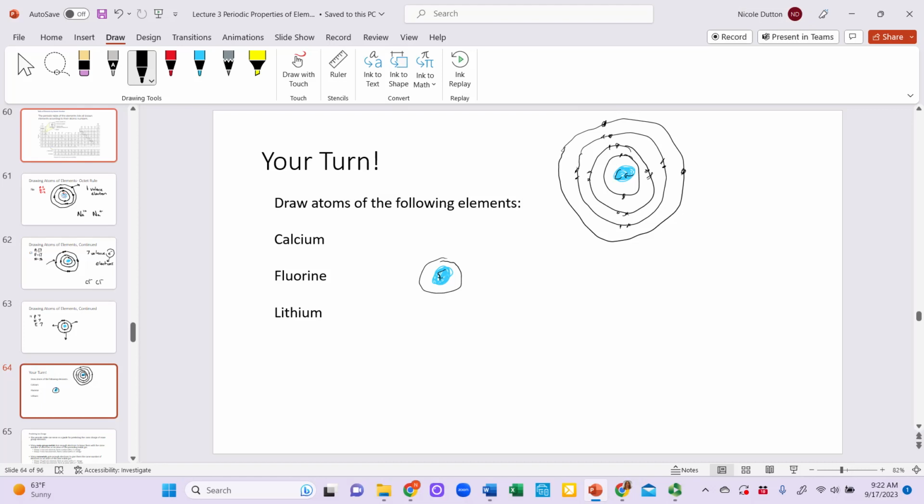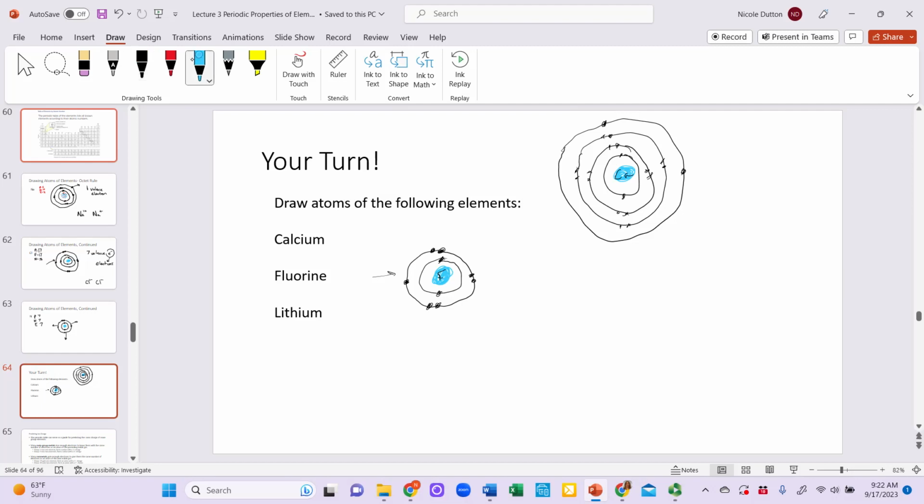So since we have 9 protons and it's uncharged, we're going to have 9 electrons. So we're going to draw 2 in the first ring, 3, 4, 5, 6, 7, 8, 9. So these are paired up, they're happy. This one is unhappy, it's alone. That's our final drawing for fluorine.